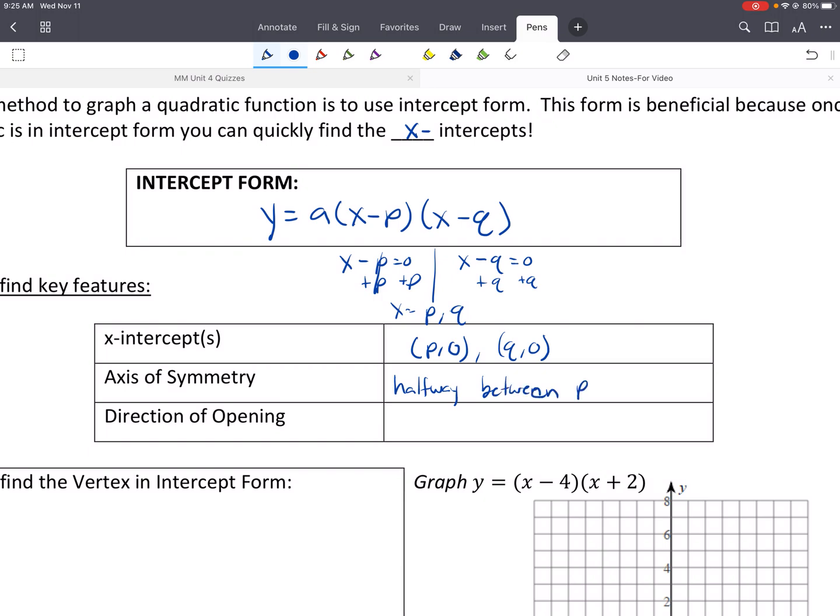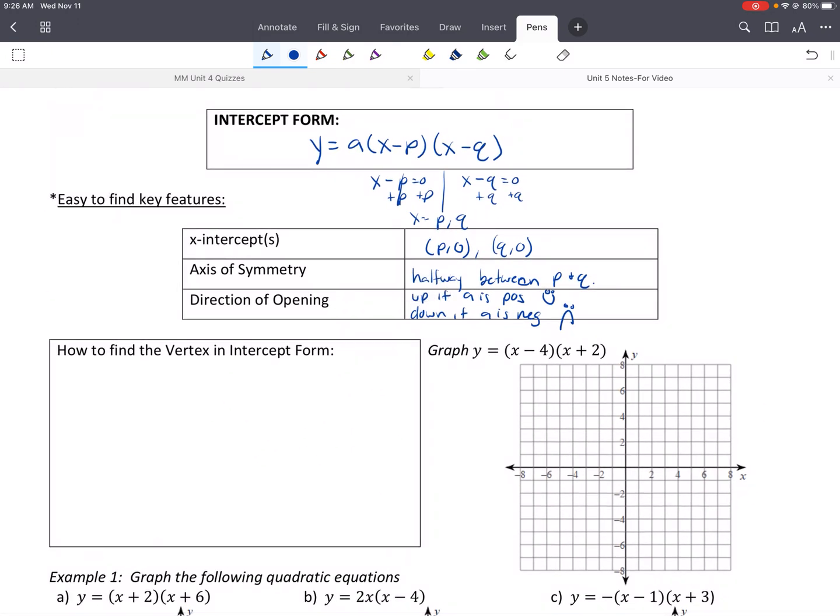Because we know that parabolas are symmetric, so the axis of symmetry has to be right between those 2 points. And then the direction of opening is the same as what we said before. It is up if a is positive, like happy, and down if a is negative, sad.